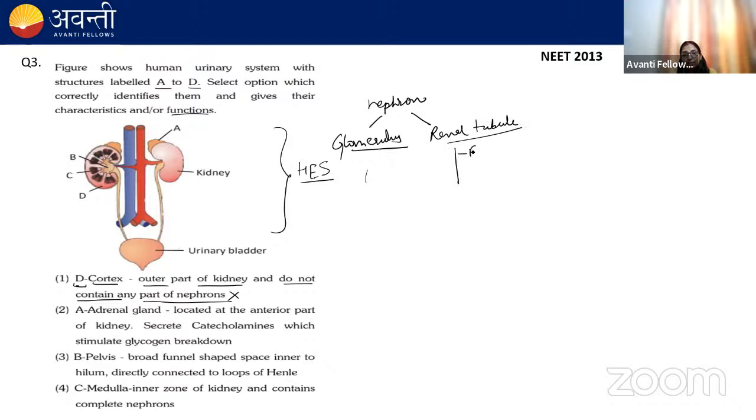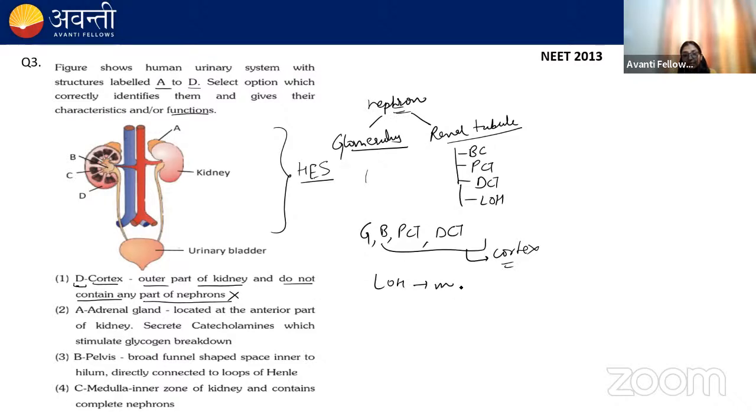The renal tubule is composed of Bowman capsule, PCT, DCT, and loop of Henle, right? So the glomerulus, Bowman capsule, PCT, and DCT are all present in the cortex. They are part of the nephron. They are present in the cortex of the kidney. Loop of Henle is present in the medulla of the kidney.